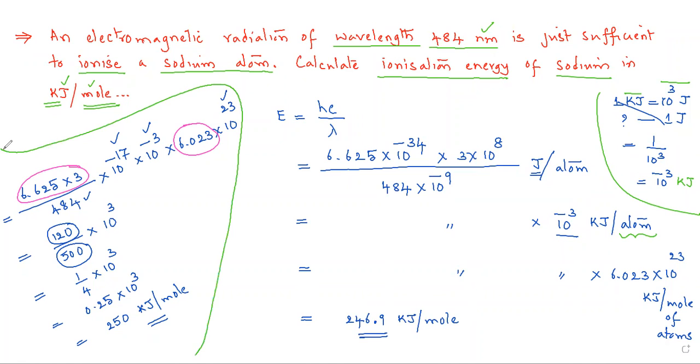Look at the way I have simplified. I have taken this as 20, this as 6, this as 500, and finally I got 120. Even that I have taken as 125, and then finally I got 1 by 4, that is 0.25, then that becomes 250. So this way you have to simplify. This is what I wanted to say.